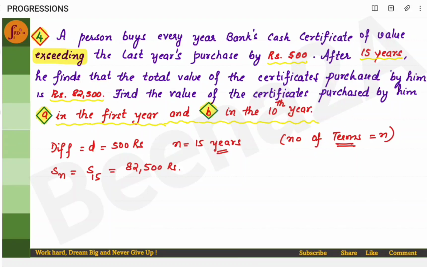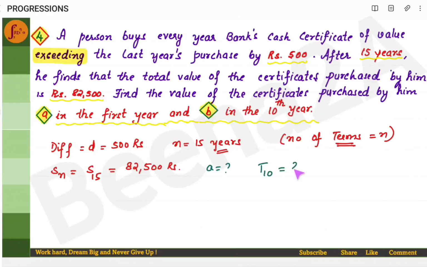Now what do we have to find out? We'll have to find the first year, that is A, and the 10th year, that is T10. These two things we'll have to find. Now we know the sum, so let's start with the sum formula. The sum formula is Sn equals n by 2 into A plus L. Correct?